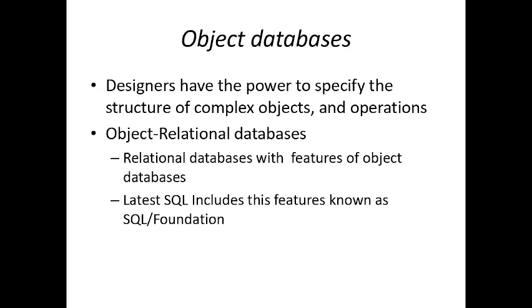And a recent version of the SQL standard for RDBMS, known as SQL Foundation, includes many of these features, which were originally known as SQL object and have now been merged into the main SQL specification. Okay, that is SQL Foundation.